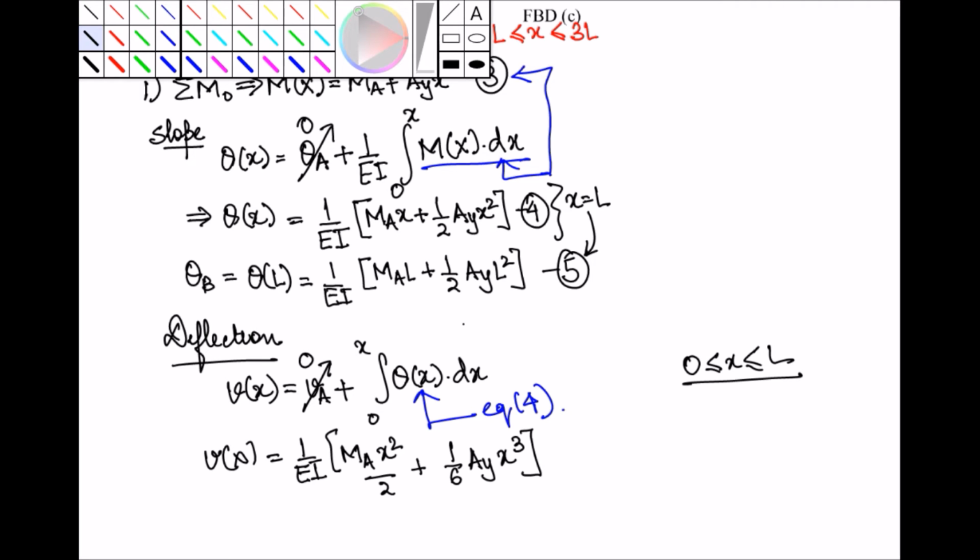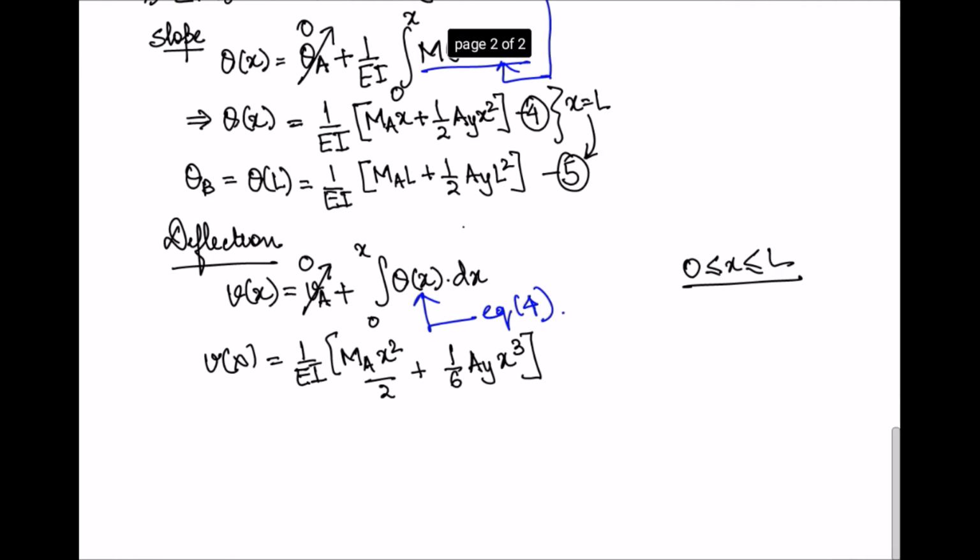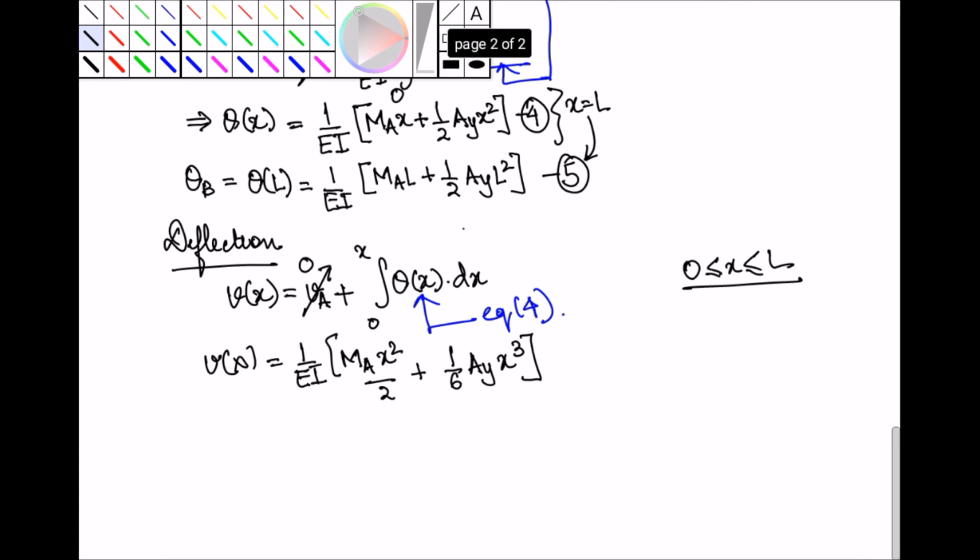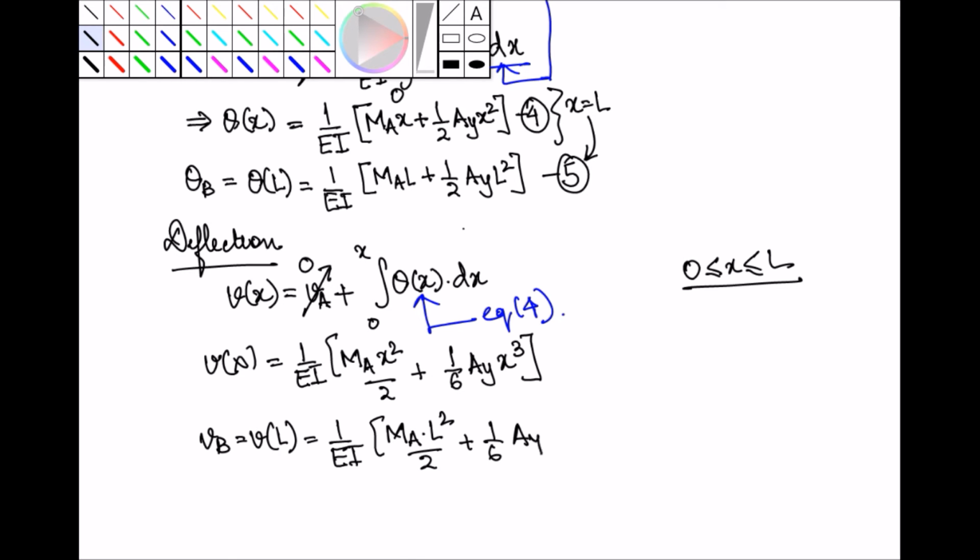If we wanted to find out what the deflection at end B is, we are going to have v_B equal to v of L equals 1 over EI times (M_A L squared over 2 plus 1/6 A_y L cubed).